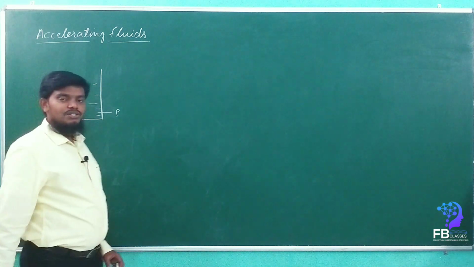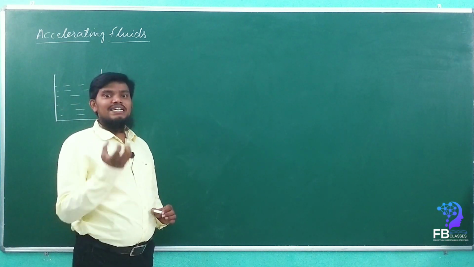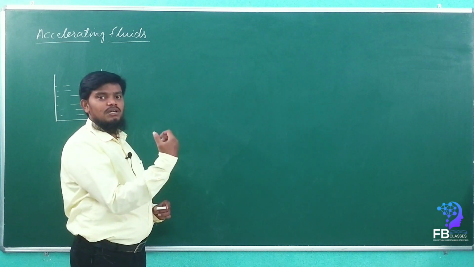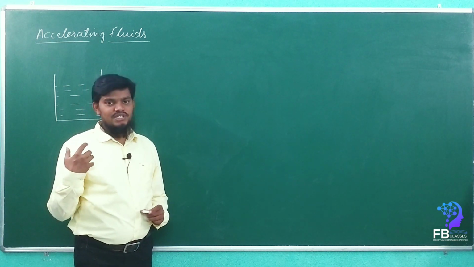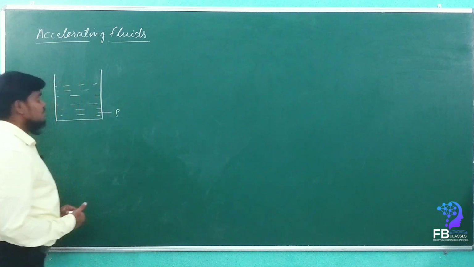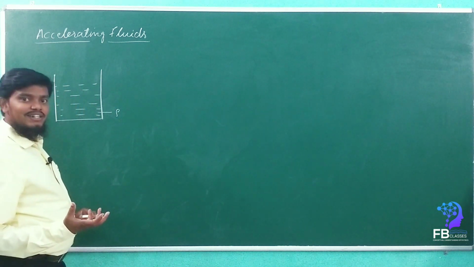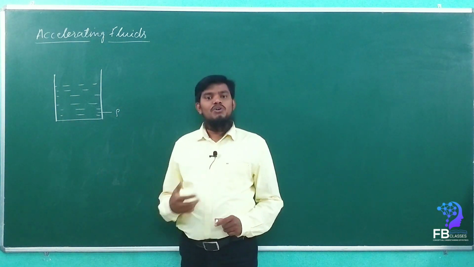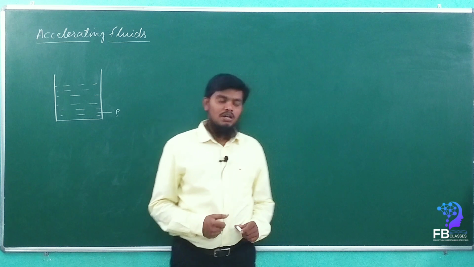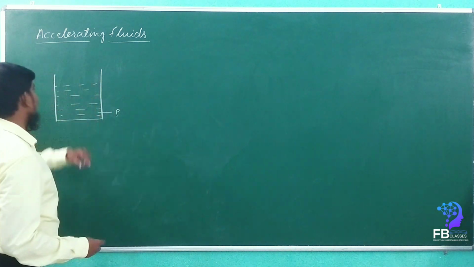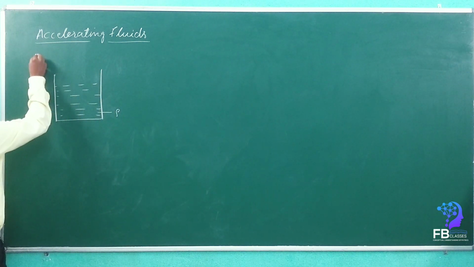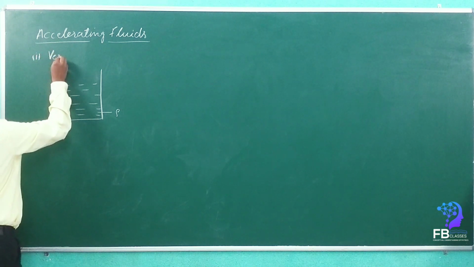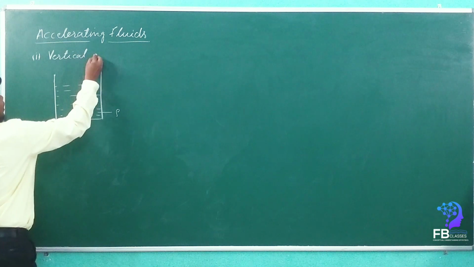If this container is moved vertically upwards or vertically downwards, and horizontally to the right side or horizontally to the left side, there are two types of accelerations: one is vertical acceleration, another is horizontal acceleration. First we are going to see the vertical acceleration, then we can go for the horizontal acceleration. So first one is vertical acceleration of fluid.